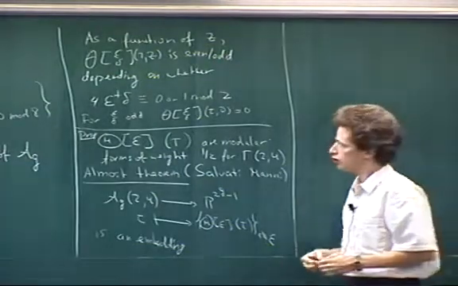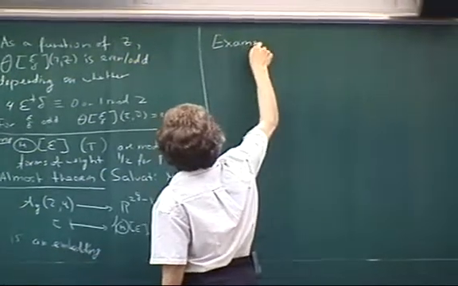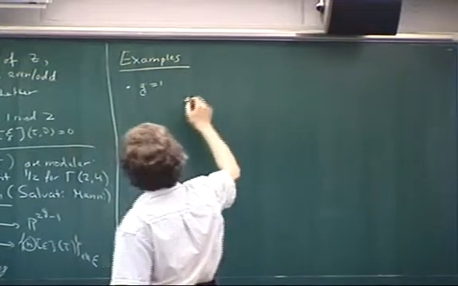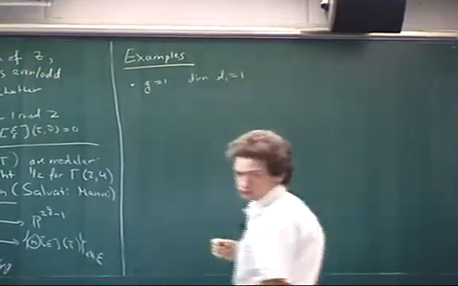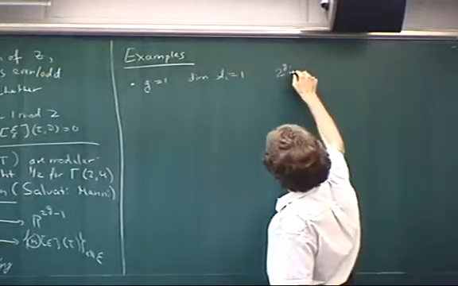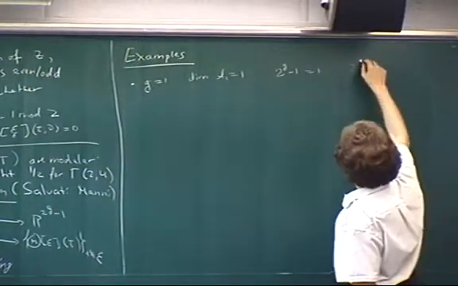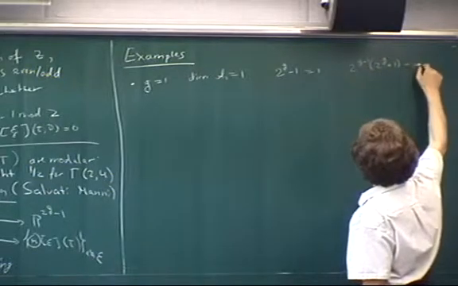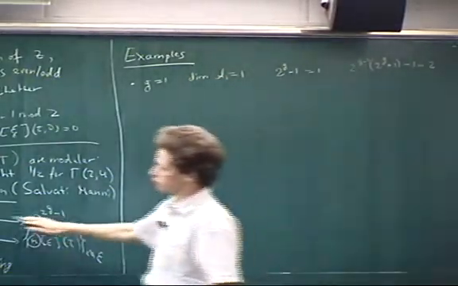Okay, so let's do a couple examples. Well, a couple will be quite a few. So genus equal to 1. So the dimension of A_1 is 1. Okay, 2^g minus 1 is also 1. And (2^g minus 1) times (2^g plus 1) over 2 minus 1 is equal to 2. Okay, so these are the dimensions of these spaces.